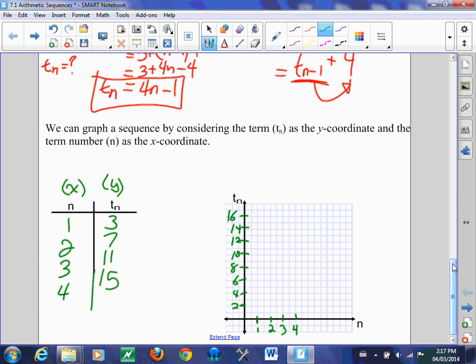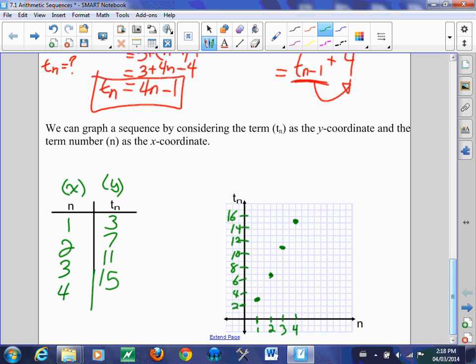Now we can plot these. We're going to plot (1, 3), (2, 7), (3, 11), and (4, 15).